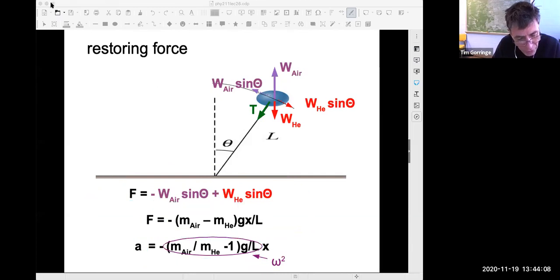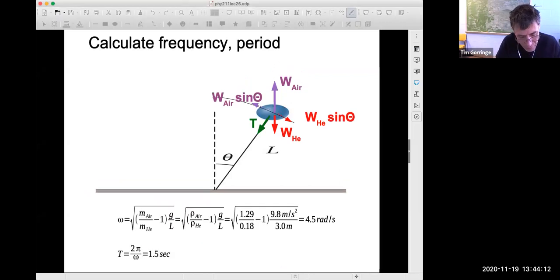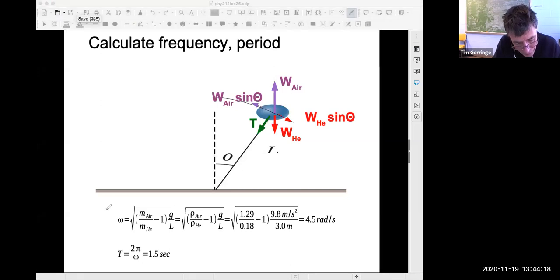Well, now our job is almost done. Last slide. Now we've got an equation for the characteristic angular frequency. It's this one here.